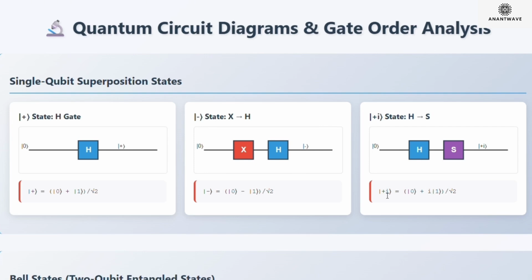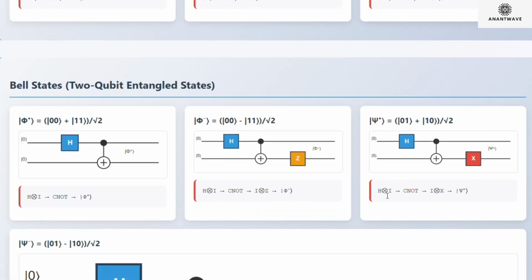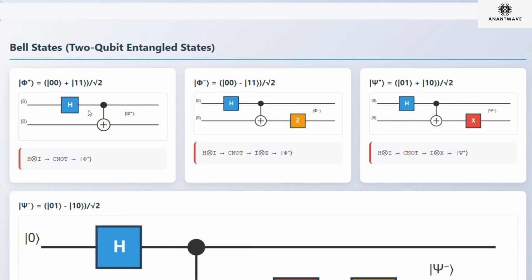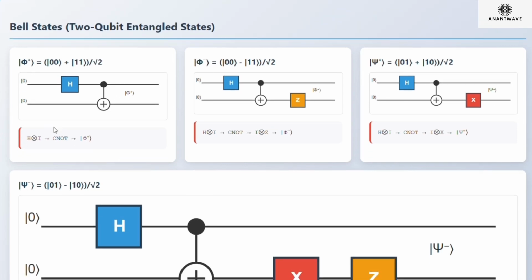Moving on to 2 qubits. All 4 Bell states start with the Hadamard gate and then the CNOT gate. This is the foundation pattern. For phi plus, we have Hadamard and CNOT gate. This is the basic entangled state. For phi minus, we need to add the Z gate for a phase flip from plus to minus.